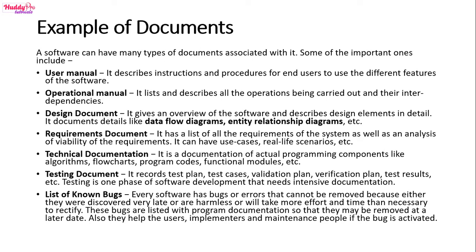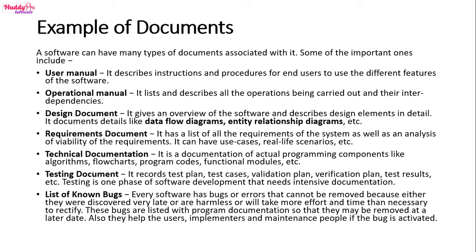Okay, then we have a list of known bugs. So you can have a document that lists all known bugs in your software. We are saying that every software has bugs or errors that cannot be removed because of several reasons.